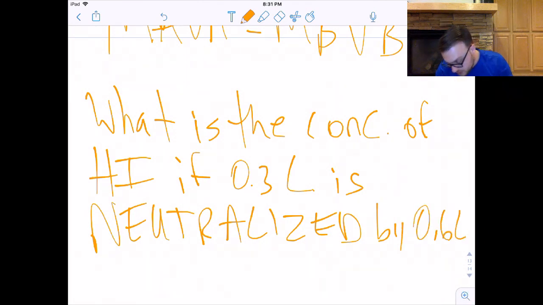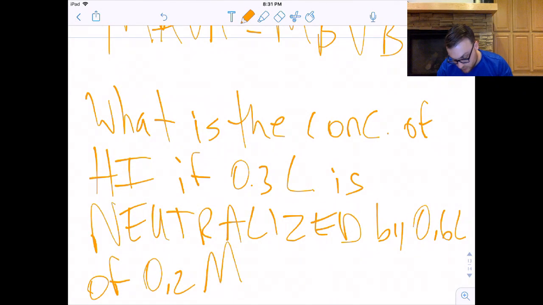So first, identify your acid and base. H in front, acid. OH in the back, base.